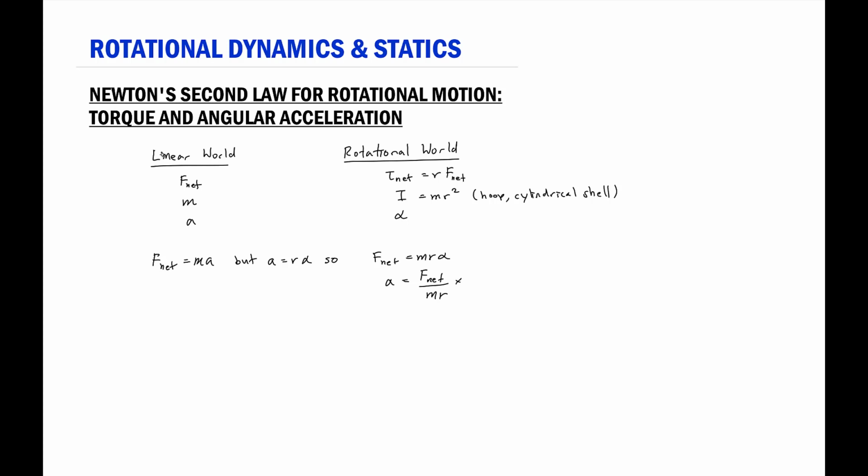So we can multiply our equation for alpha by r over r, and we get alpha equals r F net over mr squared. And isn't r F net just the net torque? And isn't mr squared just the moment of inertia? So therefore, we can say the net torque is going to be equal to I times alpha. And now we have Newton's second law in the rotational world.